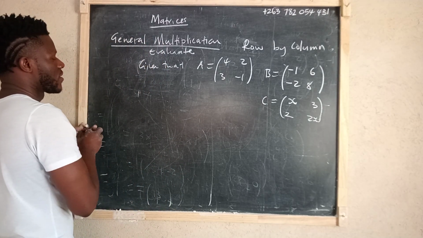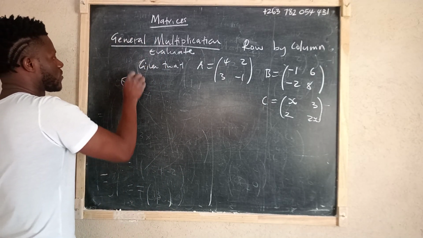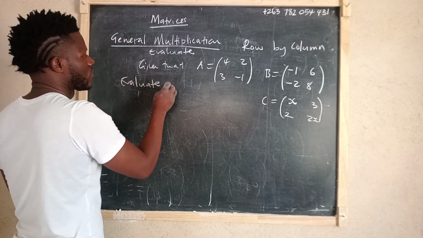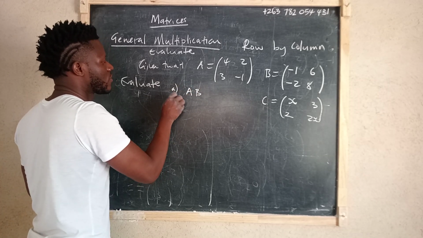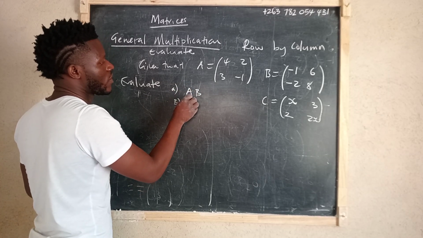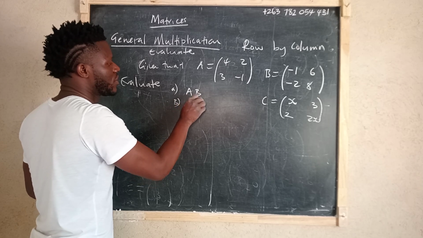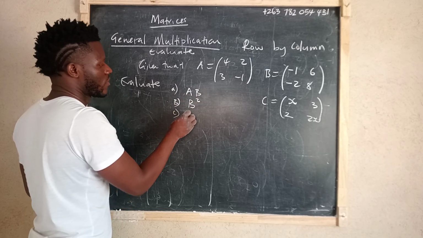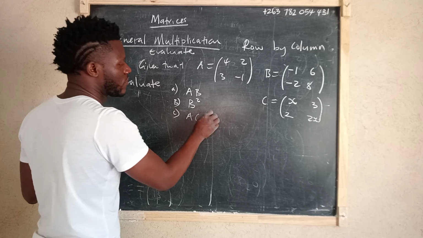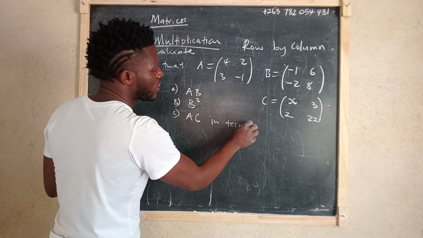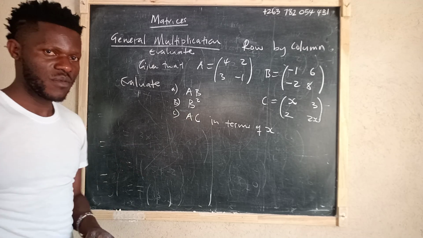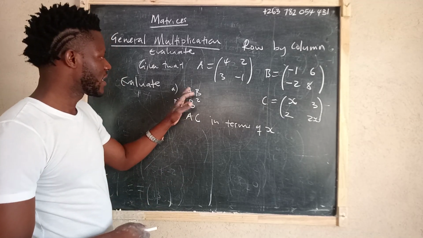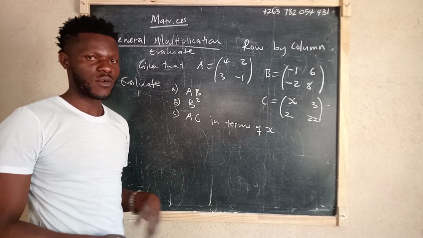Then they say evaluate AB, B squared, AC in terms of x. By AB we mean you are going to multiply matrix A and matrix B.